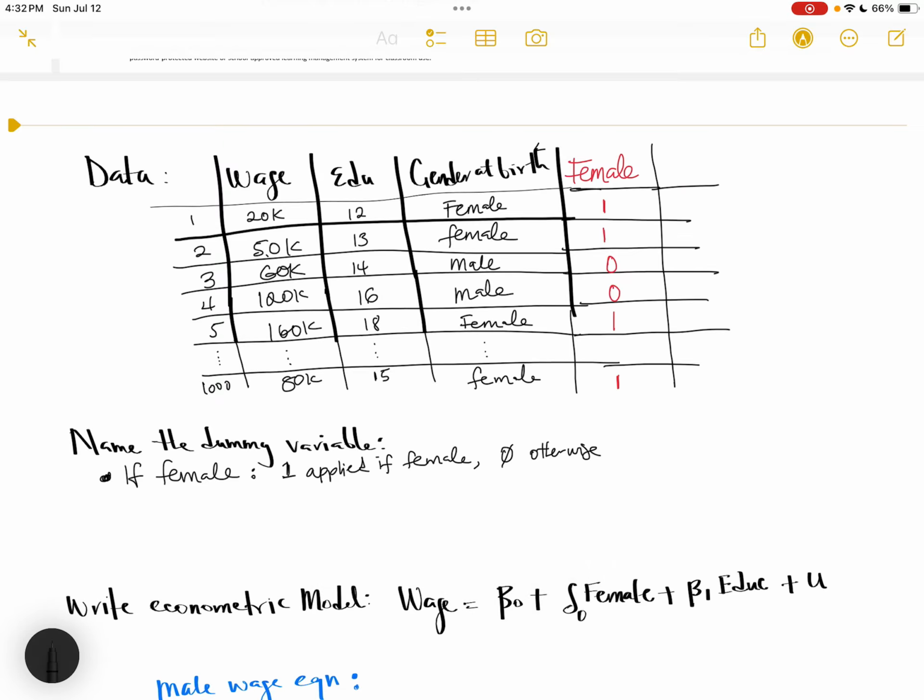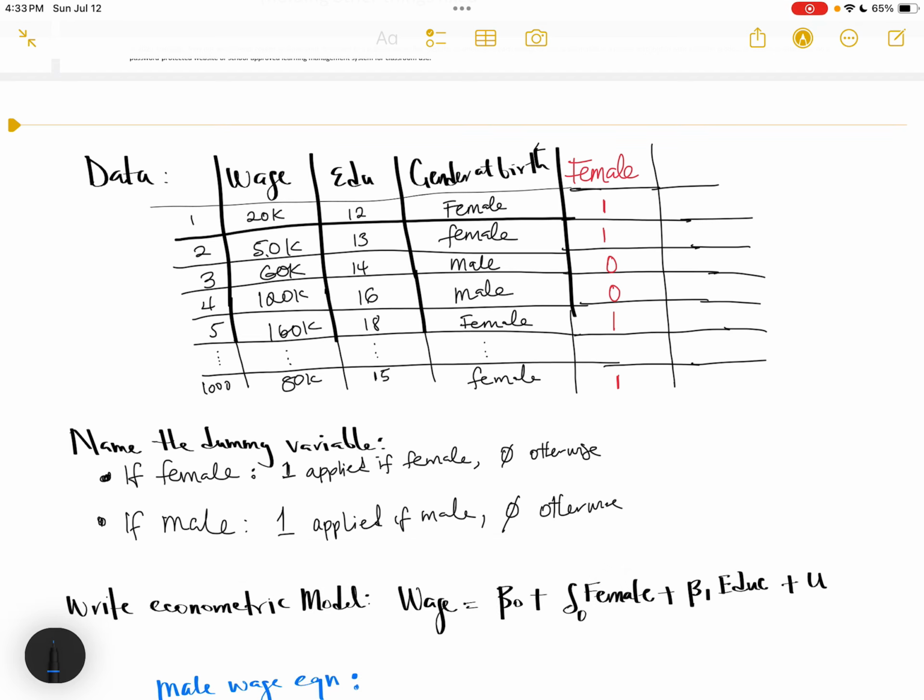Now, if I decide that I want to name my dummy variable male, then I apply a 1 if male, 0 otherwise. And so let's use blue here.